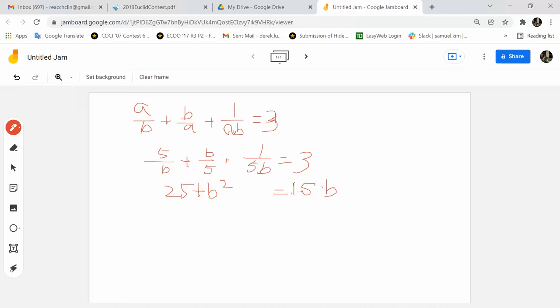Here we get plus 1, that'd be 26. 26 will be 2 times 13. So we have 2 answers. We know 2 must be one answer, because 5, 2 works.